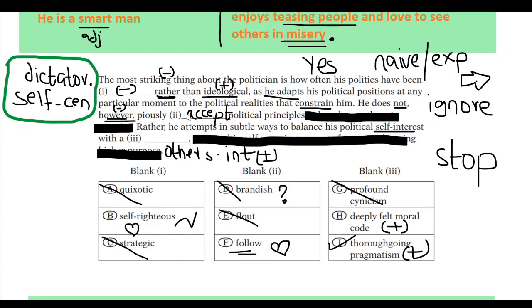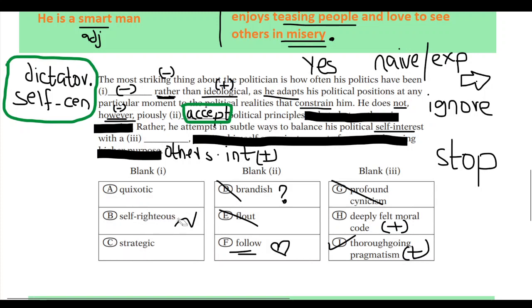Over here, my guess was like accept, right? And over here, it was something to the effect of others' interest. And even though there was some thinking involved, I ignored a lot of details which eventually made me guess the wrong answers. So what I'm going to do here is quickly rub this stuff off.